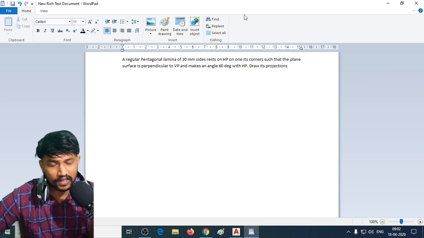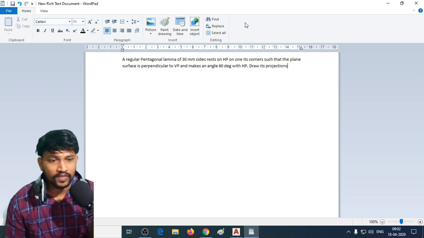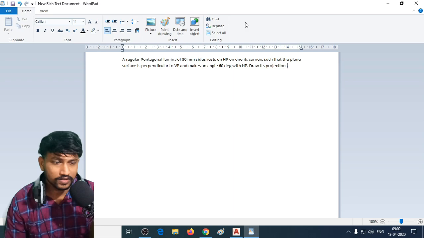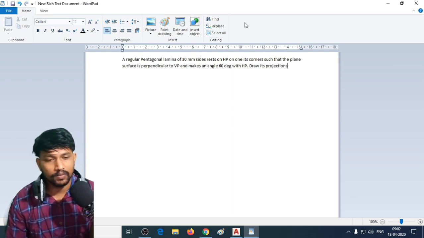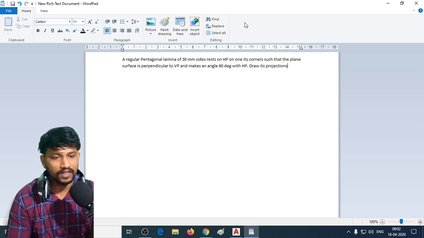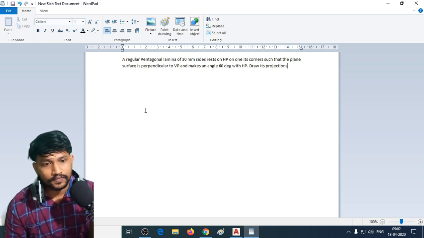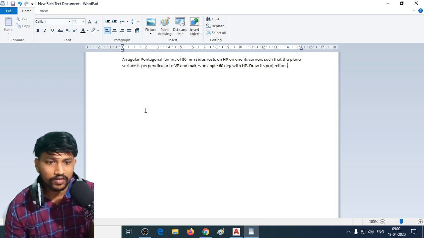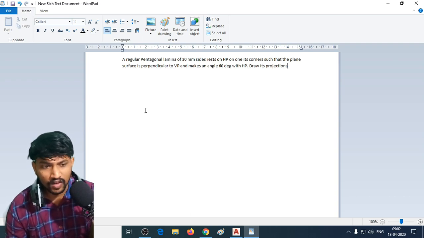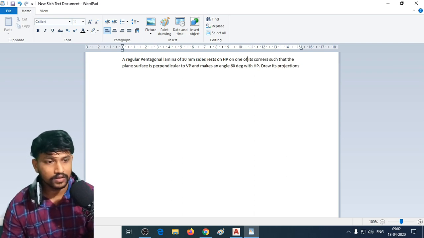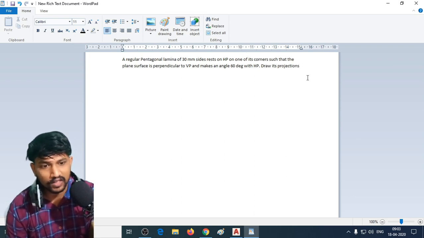A regular pentagonal lamina of 30 mm sides rests on the horizontal plane on one of its corners such that the plane surface is perpendicular to the vertical plane and makes an angle of 60 degrees with the horizontal plane. Initially the lamina is resting on the horizontal plane on one of its corners, and the plane surface is perpendicular to the vertical plane.